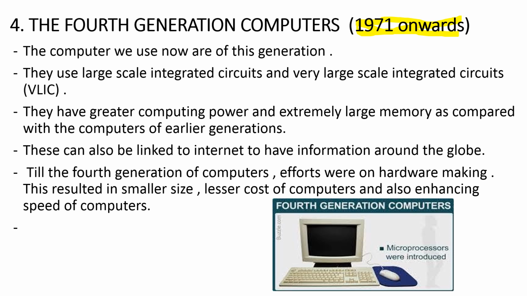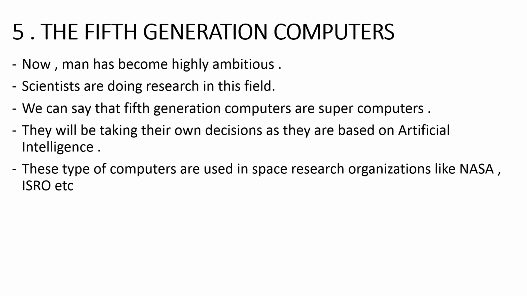Now moving on, after doing more research and developments and inventions, the fifth generation computers came into existence. It is not fully in existence still, but after developing such a huge range of series in the fourth generation computers, man has become very ambitious.